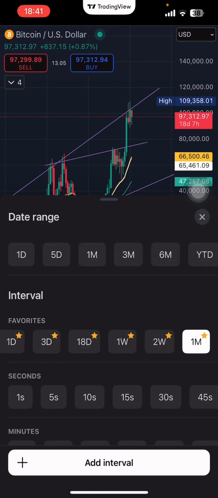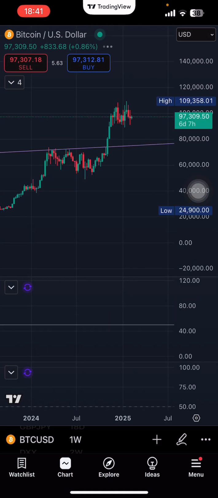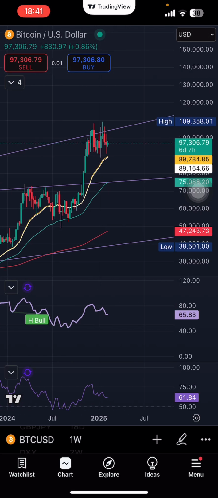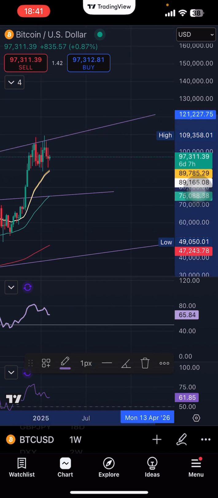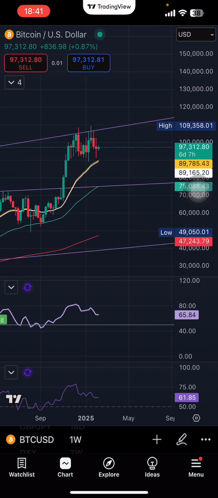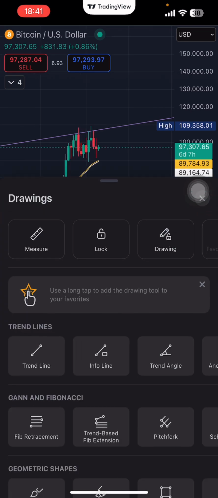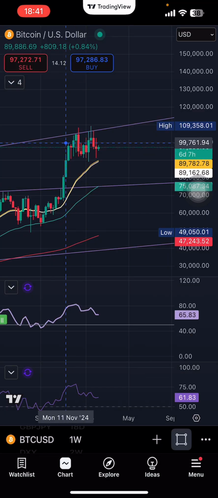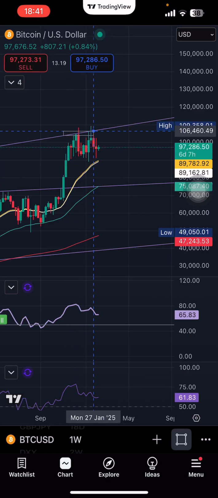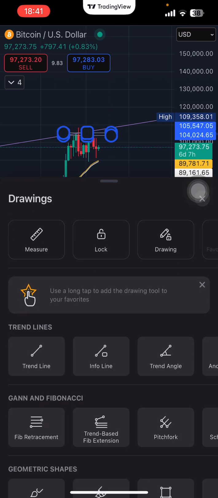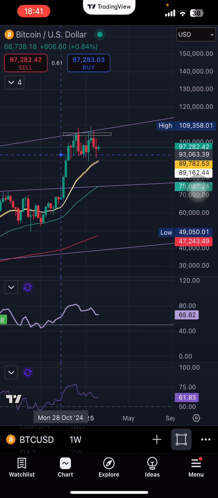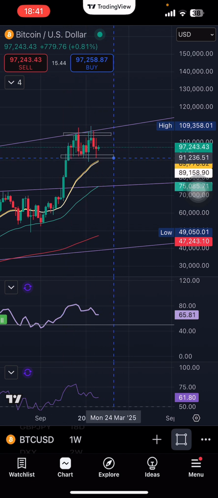So we'll move down to 1 week, where one candle represents 1 week. So these are long term. We're actually being stopped at one major resistance. So we are going to draw here and draw here.